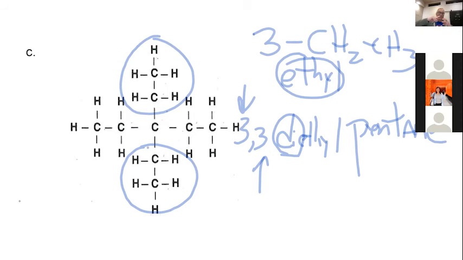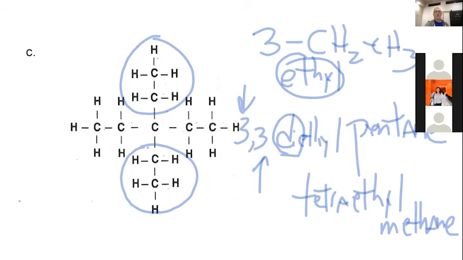Now, we could also call this tetraethylmethane. Why could I call it that? This is also a legitimate name for that.